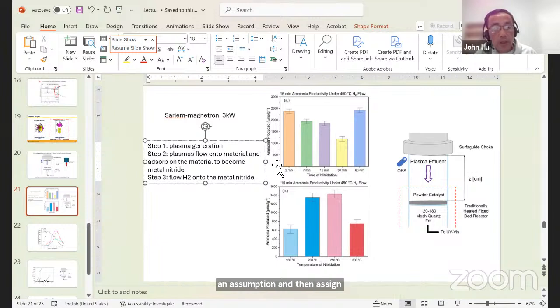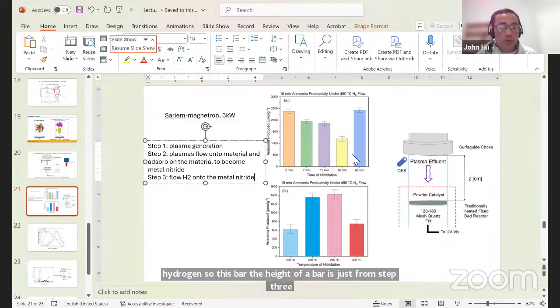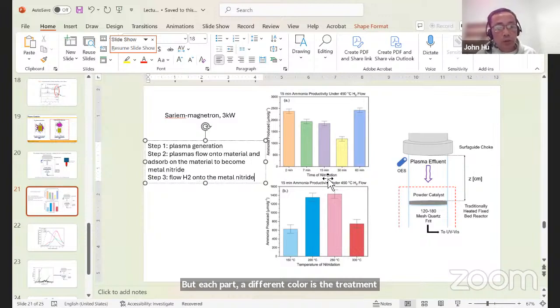All this time is relevant to step 2, how long you have the plasma interact with the surface. Then after that, we flow hydrogen. The height of a bar is from step 3, but each bar's different color is the treatment by step 2. So how long you treat it, and then in step 3, how much ammonia you can get. You can tell the pattern is all over the place.